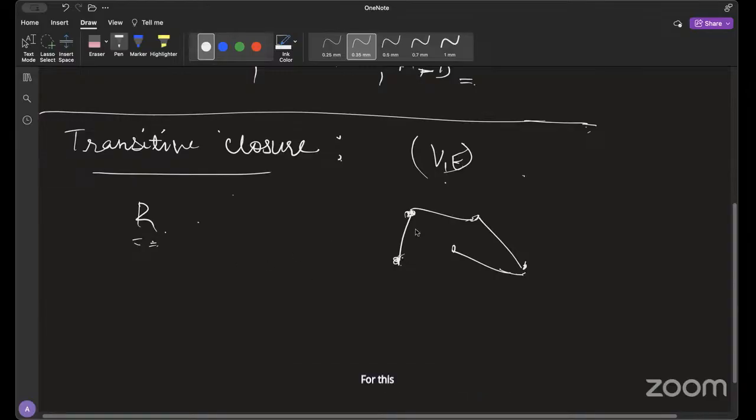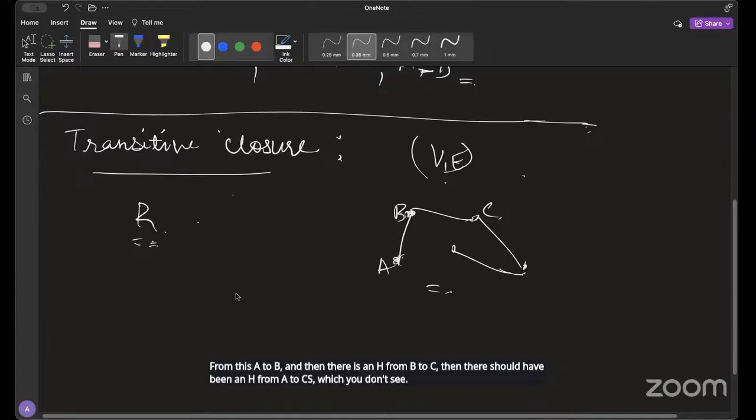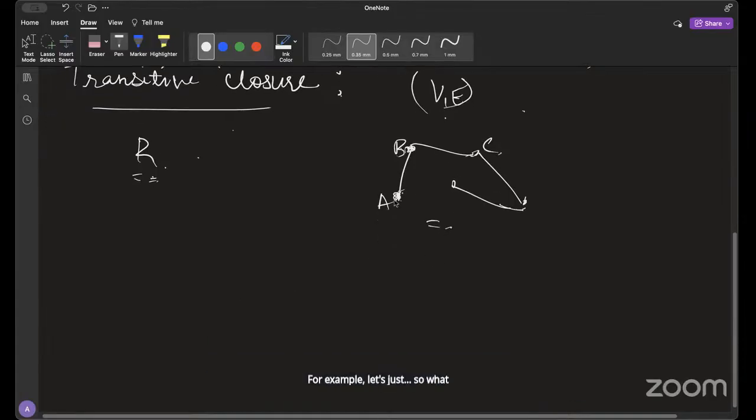For this to be a transitive relation, if there is an edge from A to B, and then there is an edge from B to C, there should have been an edge from A to C, which you don't see. In graph theory, you call C an ancestor of A. When you have things directed like this, it becomes more clear.